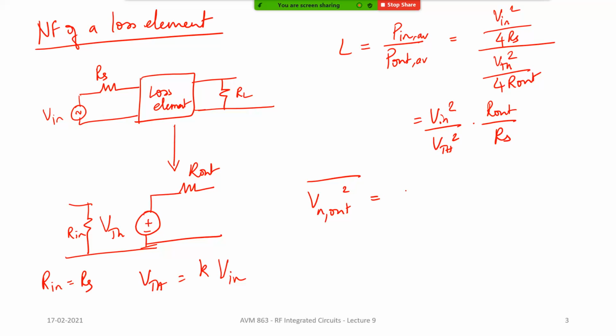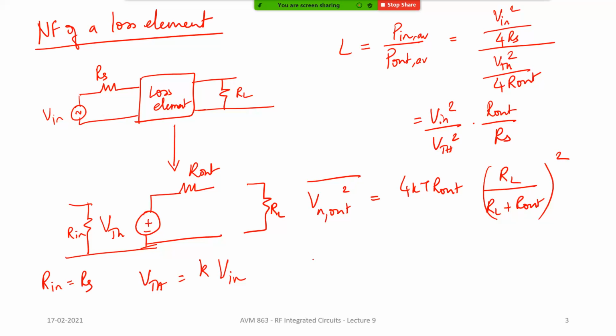Now with this, what we can say is it has a certain output impedance, and therefore we can say the total noise at the output. Here you have RL, right? So you will get 4kT R out, which is the noise because of this element, into RL by RL plus R out the whole squared. This is the noise at the output which is added by this particular element.